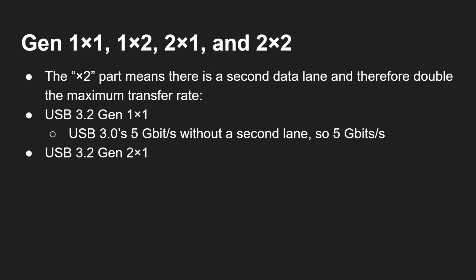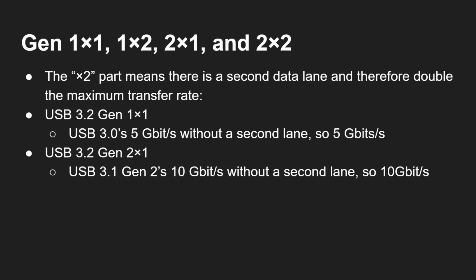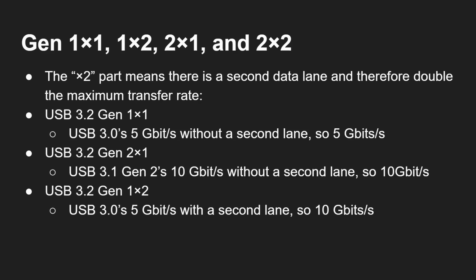USB 3.2 Gen 2 X1 is basically USB 3.1 Gen 2's 10 gigabits a second without a second lane, so it's 10 gigabits a second. But USB 3.2 Gen 1 X2 is in fact USB 3.0's 5 gigabits a second, but with a second data lane, so now it's 10 gigabits a second. So there's a difference there. That 10 gigabits a second and this are not the same thing.